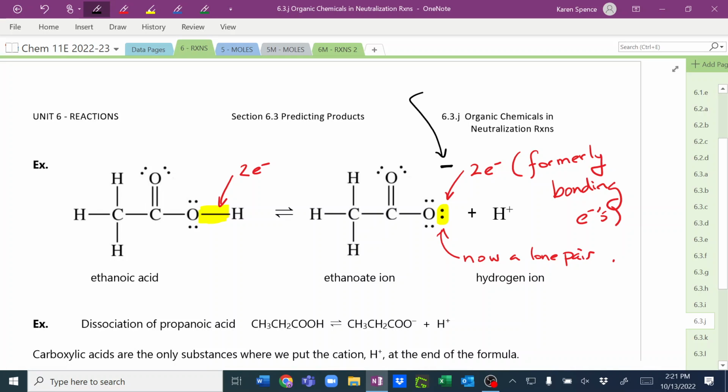Acetate itself is fairly soluble, so it doesn't do it very often, but it could. I think if you put it with mercury, maybe. Not sure. You can have certain things happen with that.